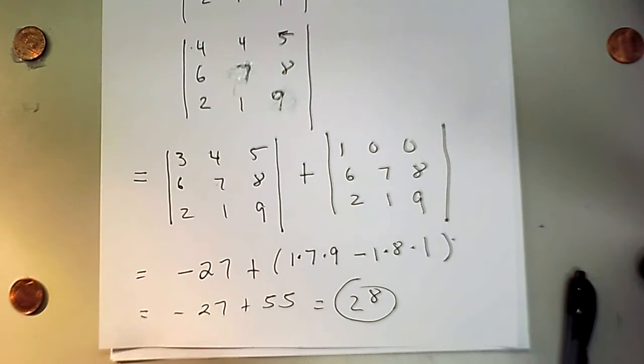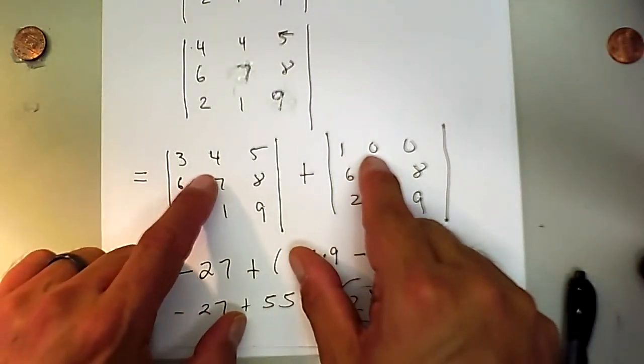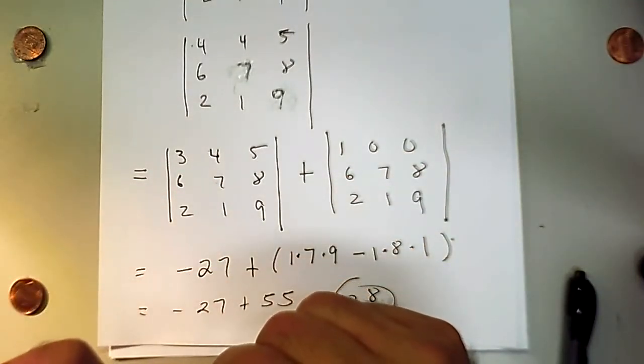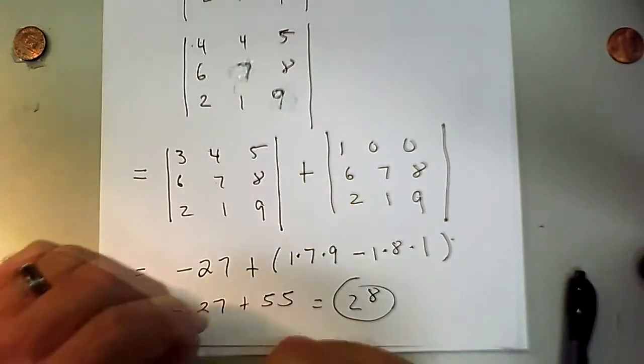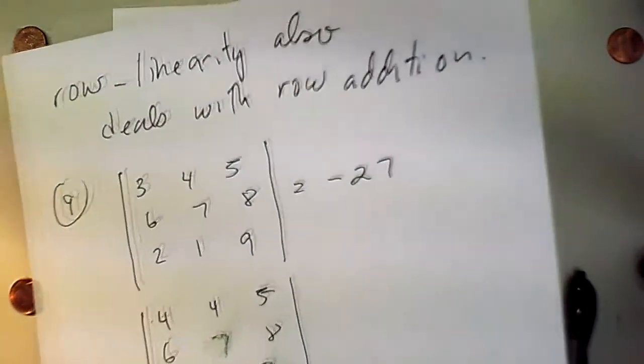So this is a nice way to add zeros to a matrix, to start breaking matrices down into smaller or simpler numbers. Okay, so we got row linearity, very, very important property.